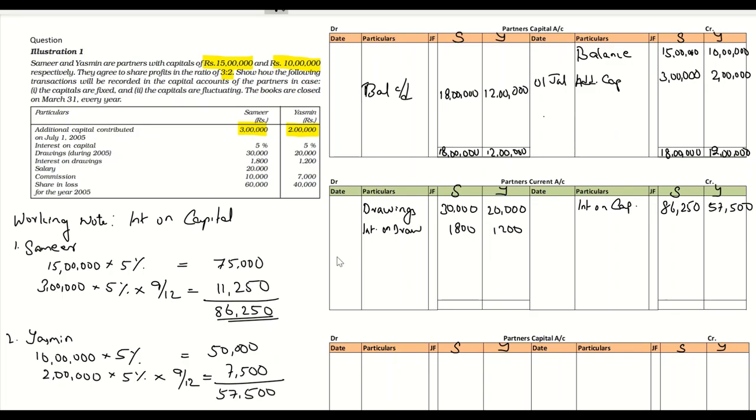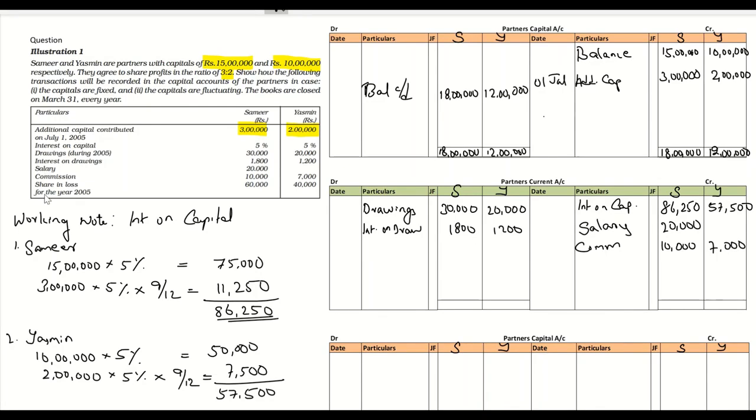Now we have salary. Salary to a partner will increase his current account. So we will mention salary on the credit side. Salary, which is 20,000 only for one partner. Now we have commission, which is 10,000 and 7,000.